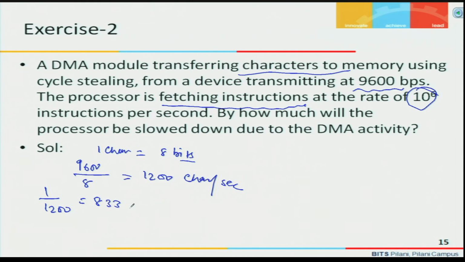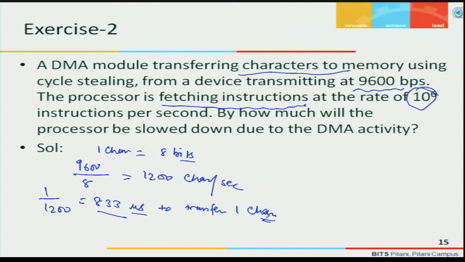So I am assuming 833 microseconds. Some fraction value, 0.33, will also come, and I am neglecting this value. So 833 microseconds of time is required to transfer one character.